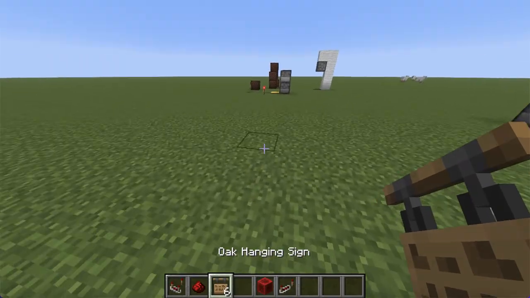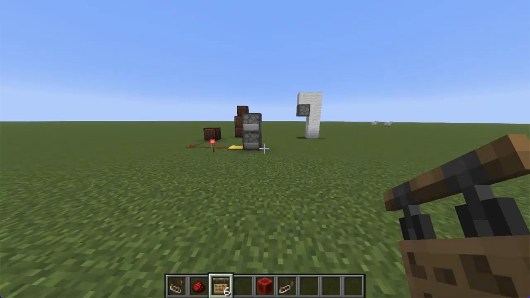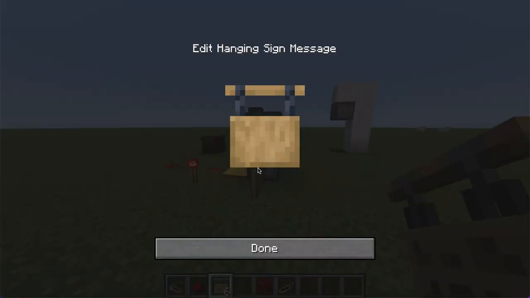Let me show you the math. So we've got our number 11. Our number 11 is our primary input. If this number is greater than something, let's just say 13 in this case, then this number is too big, therefore the signal is imbalanced and it's not going to turn on.